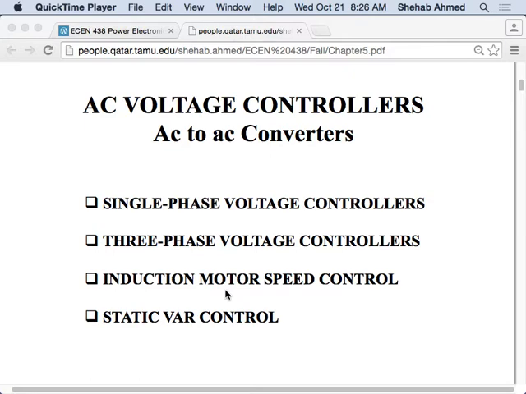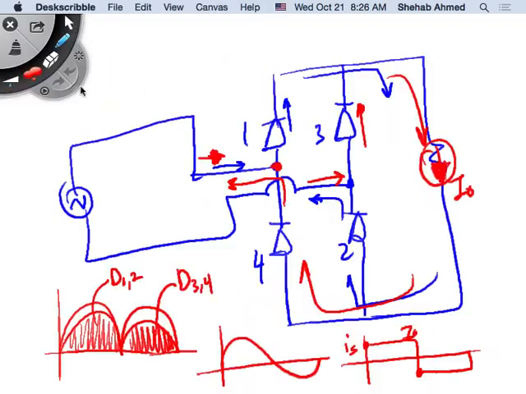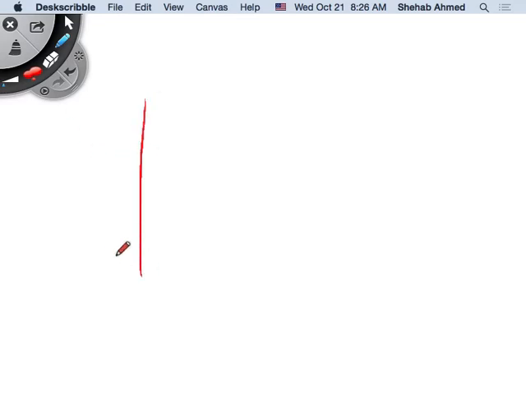At a speed of 0, you have a load to lift. But if you have a pump application, a centrifugal pump, the torque-speed characteristic looks something like this.